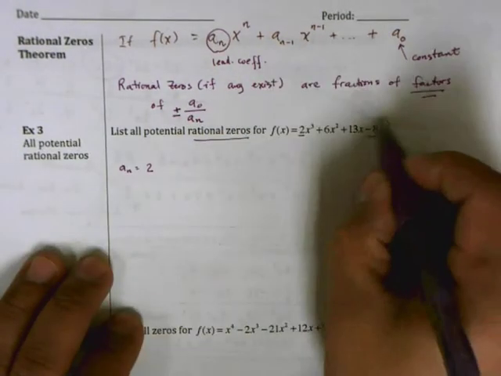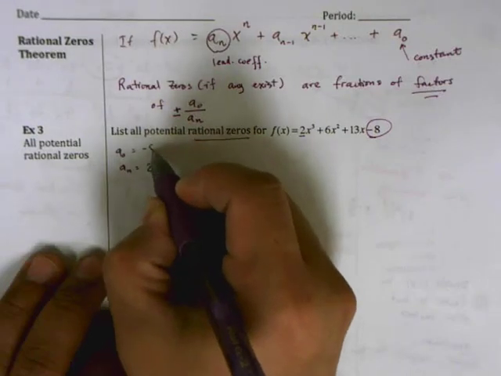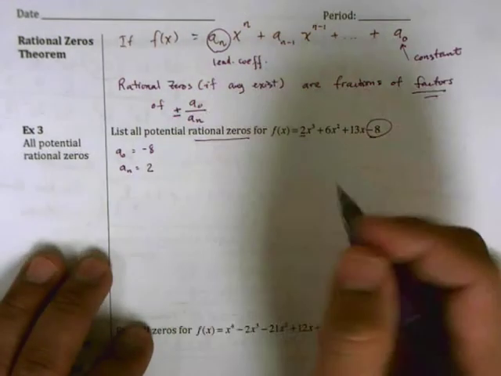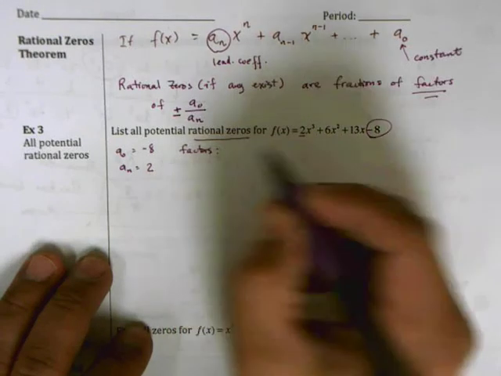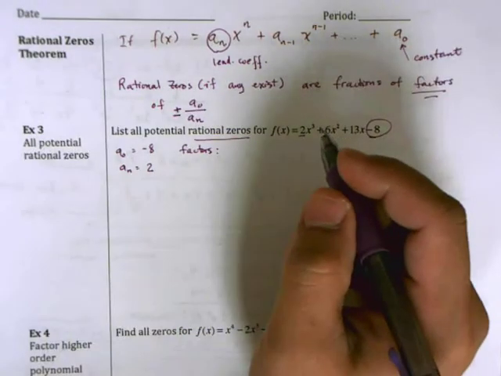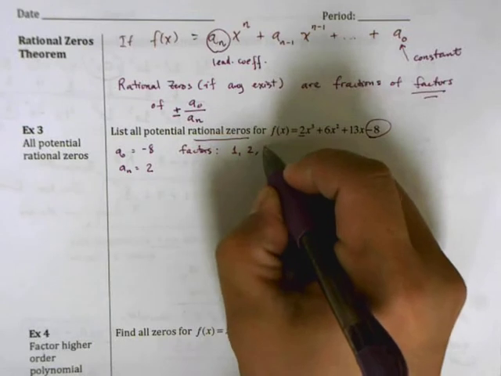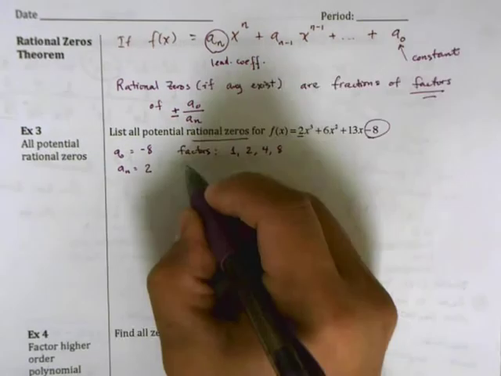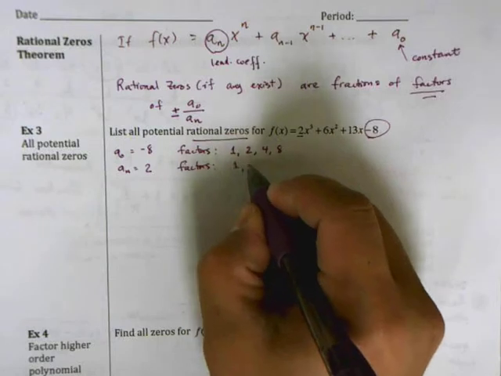The constant is negative 8, so a sub 0 equals negative 8. And then we're going to list out all of the factors. So you have to think back to elementary school. What are all the factors of 8? Well, there's 1, 2, 4, and 8. And what about all the factors of 2? Well, there's 1 and 2.